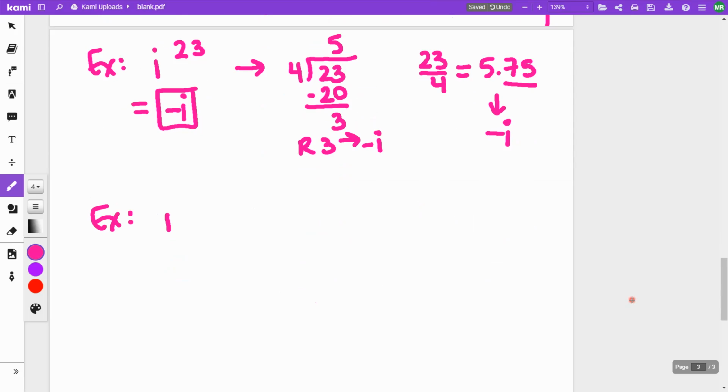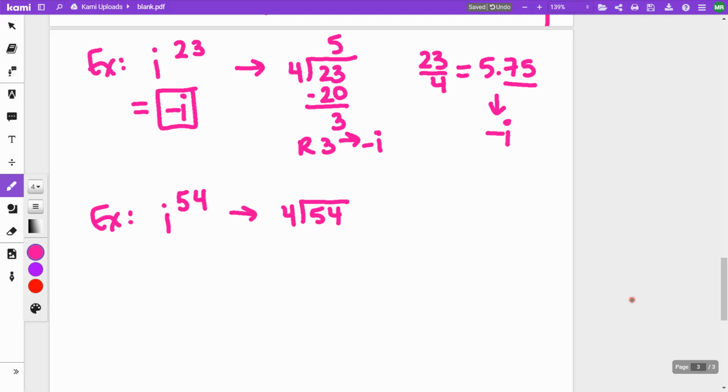If I had i to the 54, let's say. Again, I can do it either way. I can go 4 goes into 54 and think about it that way.